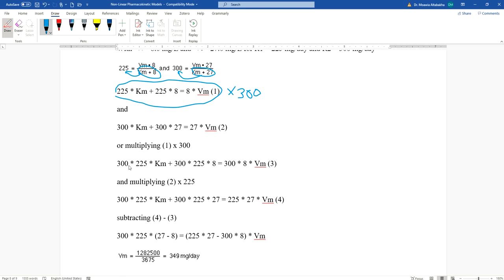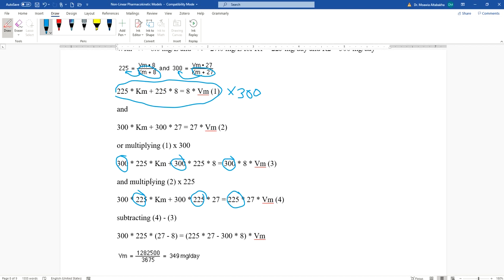So multiplying 300 times 225 times Km plus 300 times 225 times 27. See, I'm adding this one, and in this equation I'm multiplying this one. Okay.